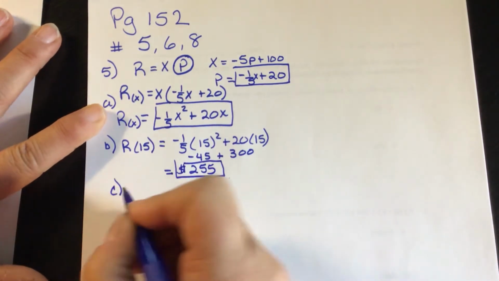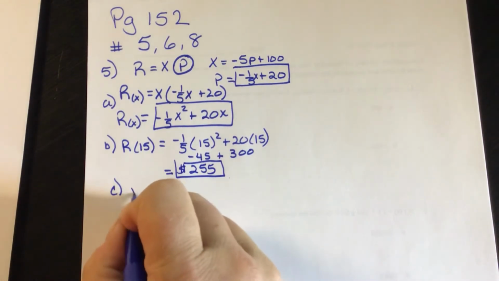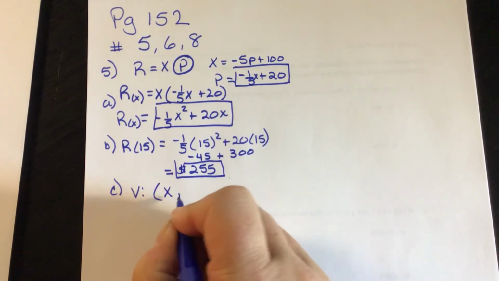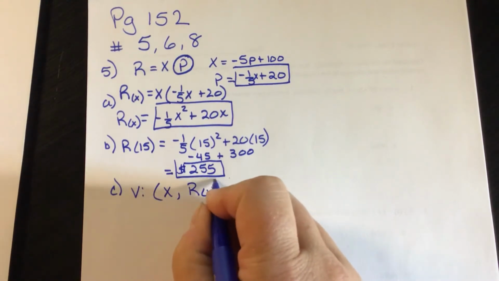Part C, now they're asking us to maximize the revenue. So here we want to find the vertex. The vertex will give us the maximum number of items to sell and the revenue for that number of items.